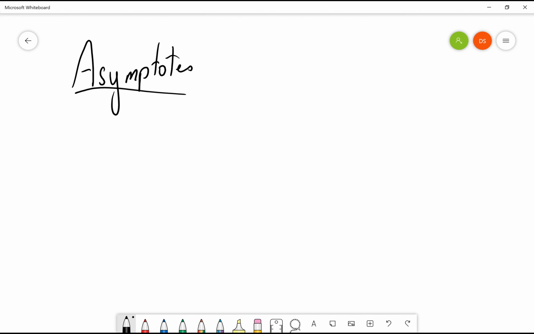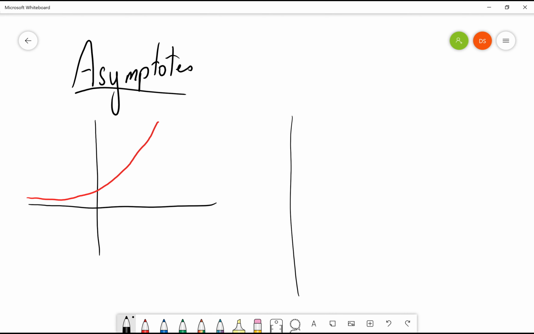Asymptotes are parts of functions that are really important. So let me draw one of each of these graphs. So here's my exponential. That's my exponential. Here's my log.